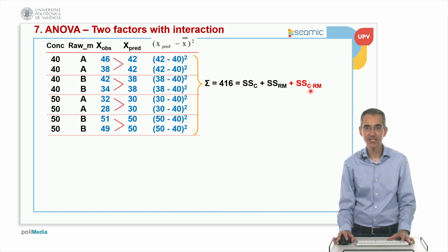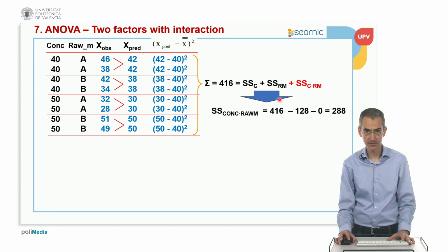Quite often the interaction is represented like a product. I put concentration multiplied by raw material, but actually we're not multiplying anything. It's just a way to indicate the interaction. But as before, we have obtained the sum of squares of one factor and the other.